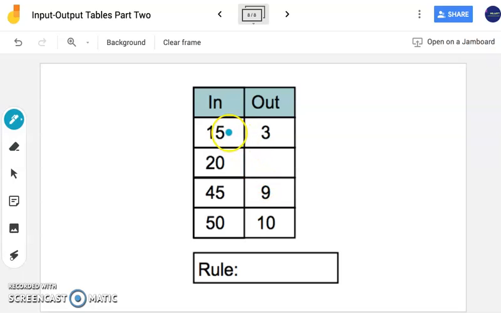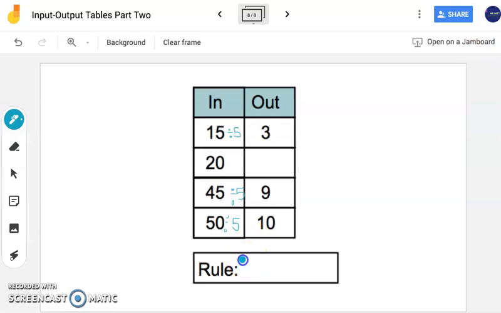But I do know that 15 divided by 5 is 3. So that could be a rule, but let's just check the other values. 45 divided by 5 is 9, so that does work. And 50 divided by 5 is 10.